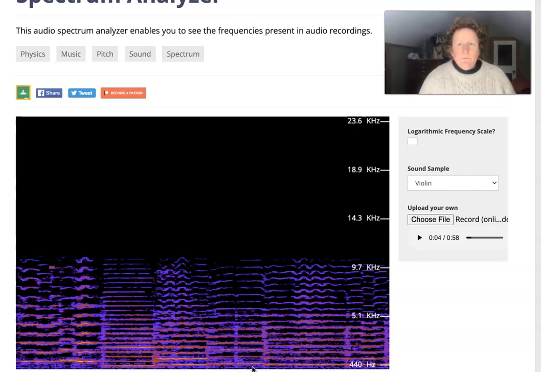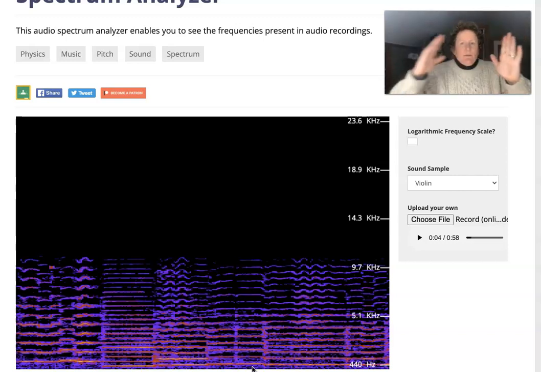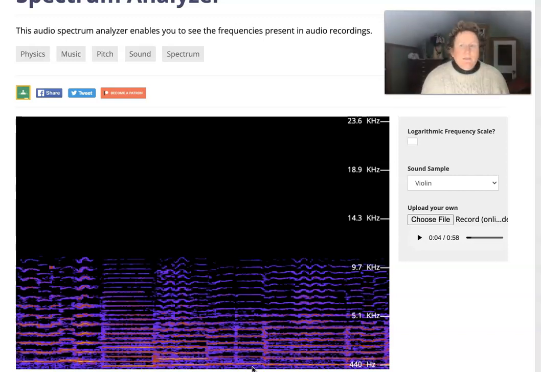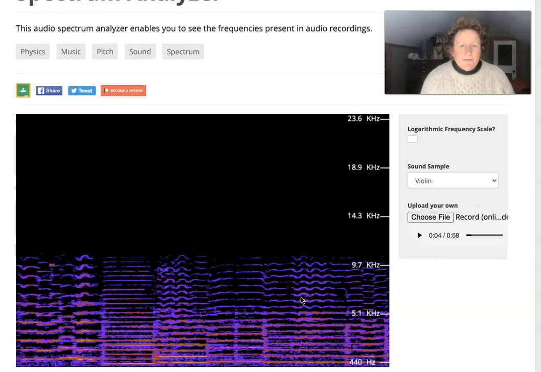Harmonics are when one wave has a different frequency of sound that lines up exactly 2 waves inside that, and then maybe 4 waves inside that. So there are lots of different harmonics here in this violin.